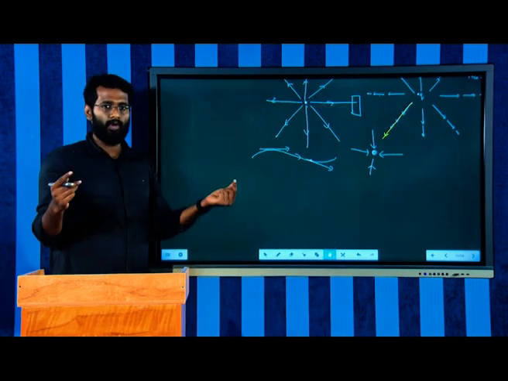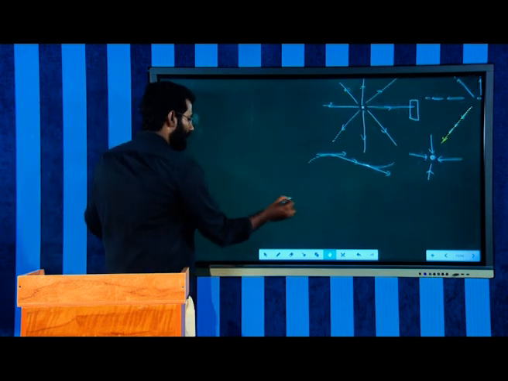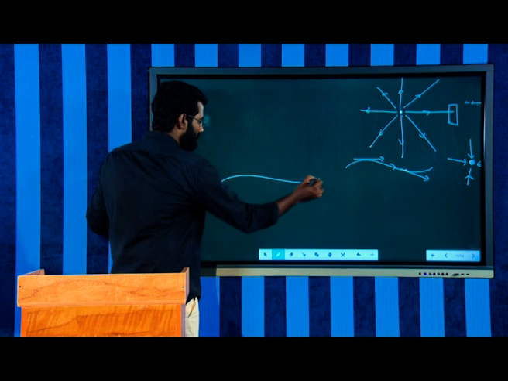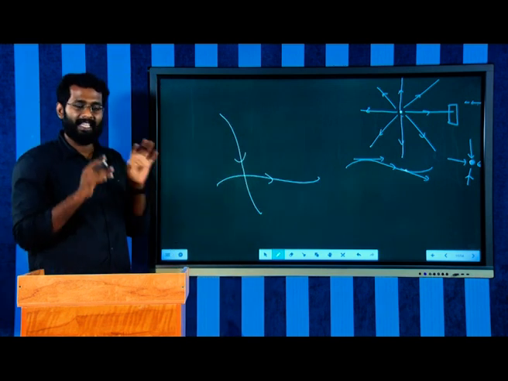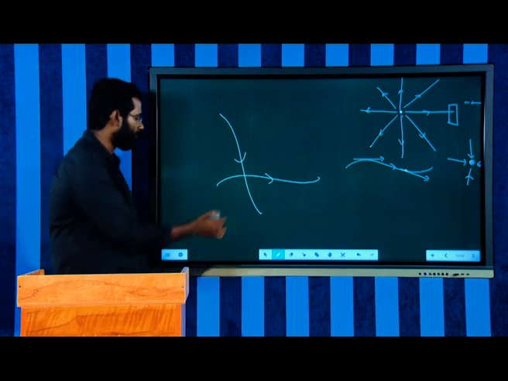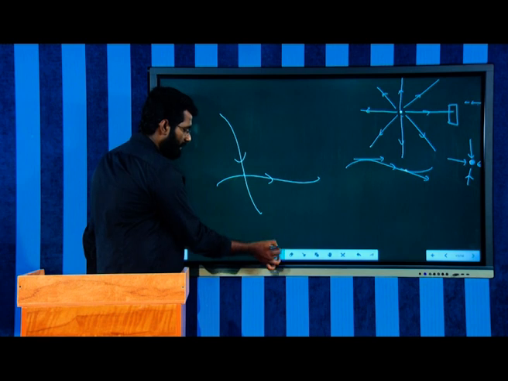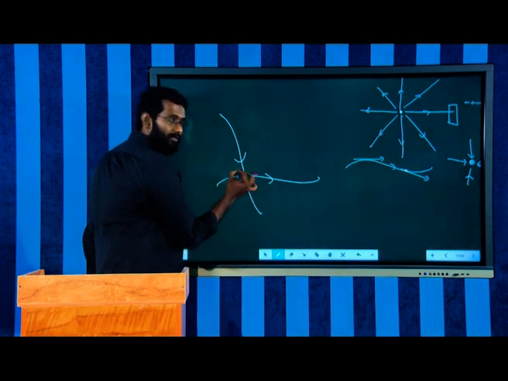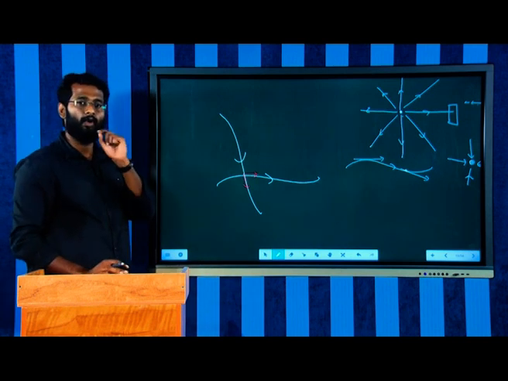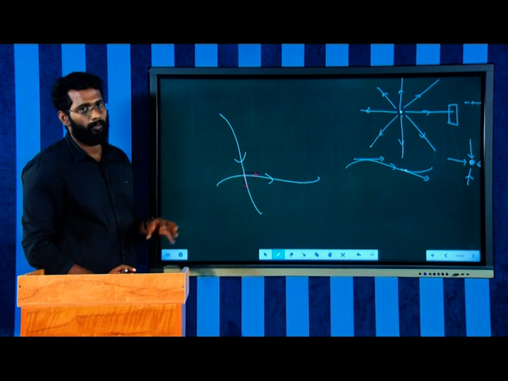You never see a figure where one field line is moving like this and another field line is coming and they cross at a point. They cannot cross at a point, because if they crossed, the field would have two directions, one towards here and one towards here, which is impossible. Electric field can only have a single direction at a single point.